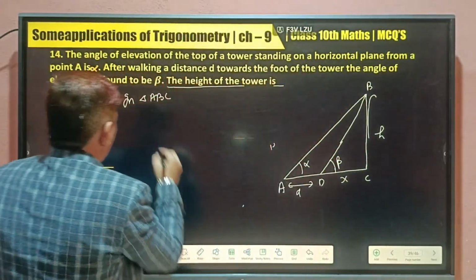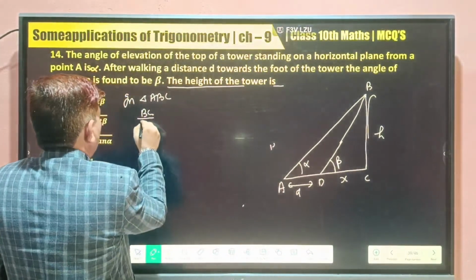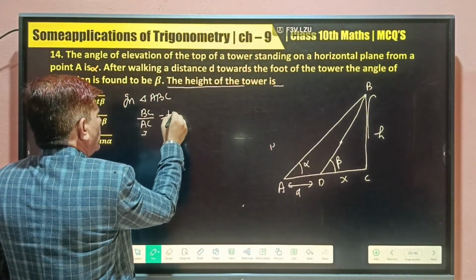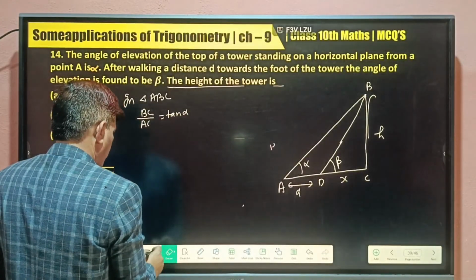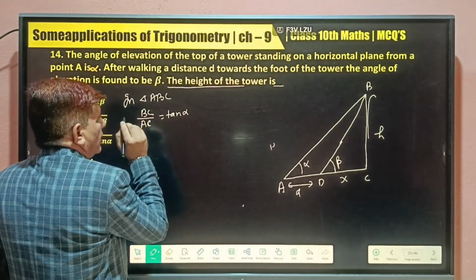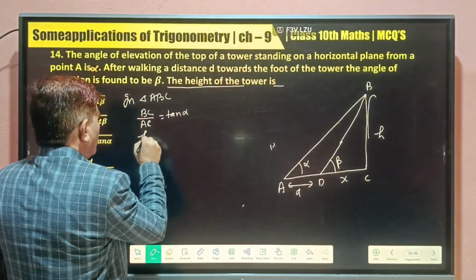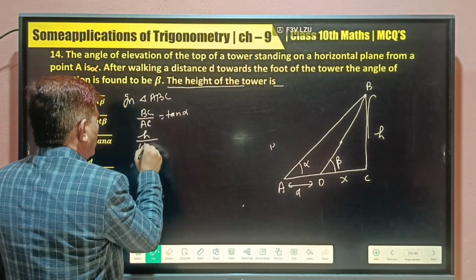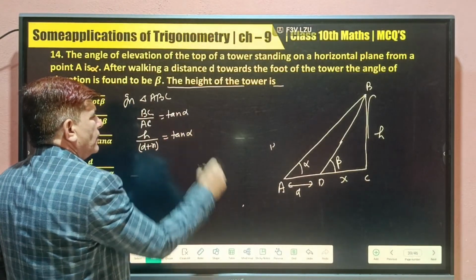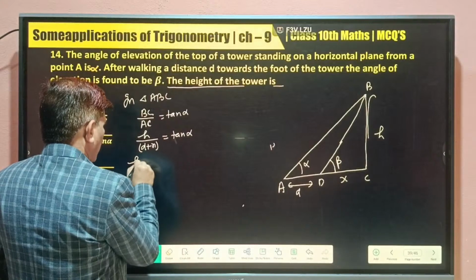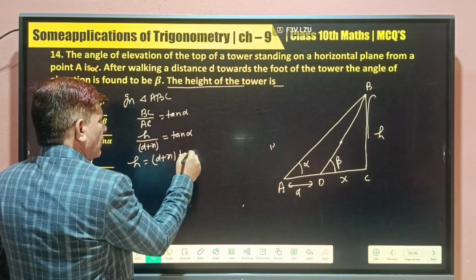So BC by AC is equal to tangent alpha. What is your BC? BC equals H. And this is D plus X, so H by D plus X is equal to tangent alpha. It means H equals D plus X tangent alpha.